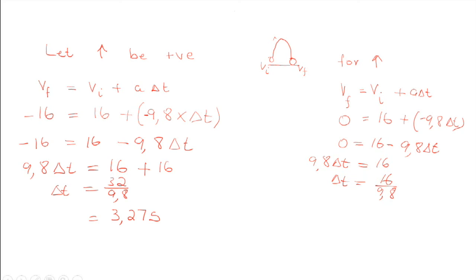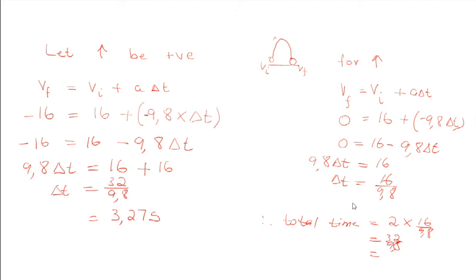What does that mean? Therefore, total time will be 2 multiplied by 16 over 9.8, which is still 32 over 9.8. Why multiplied by 2? Because it is the time to go up plus the time to come down, and we know the time will be the same.